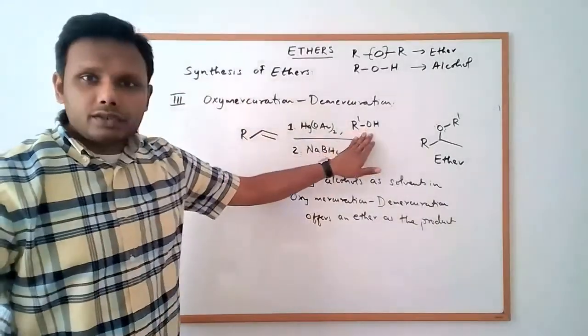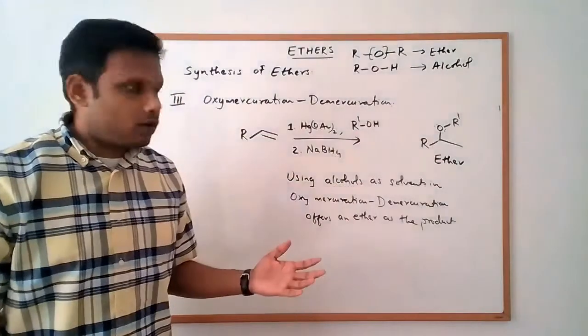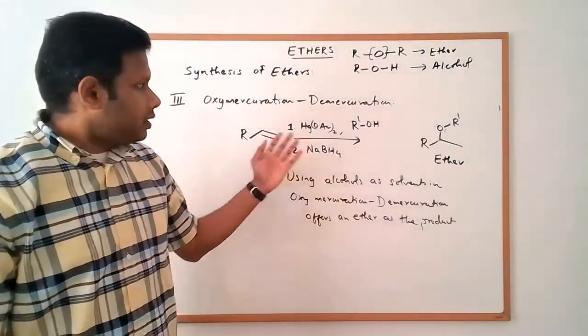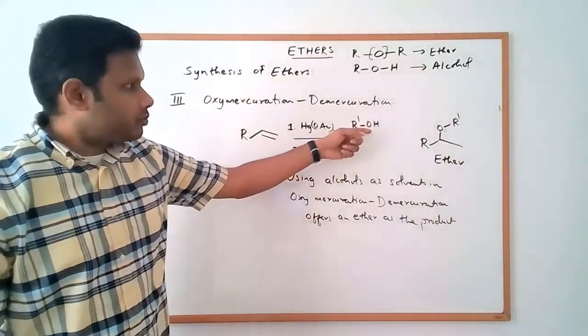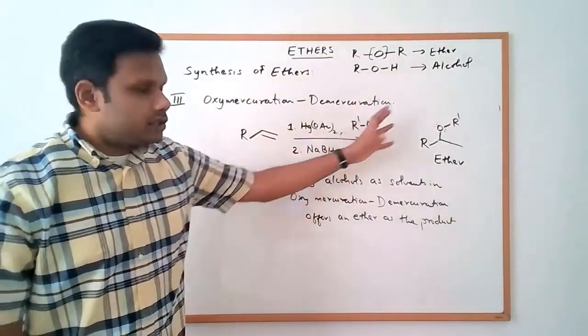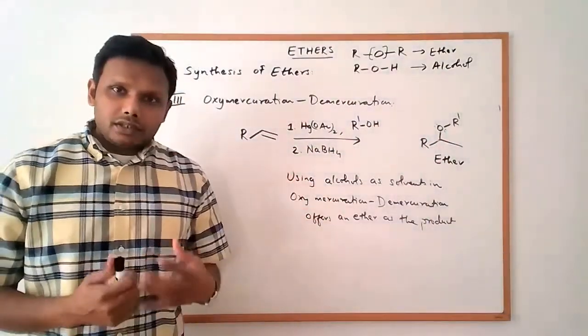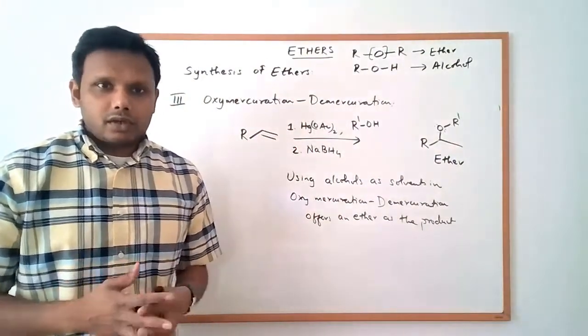If water is used as a solvent here, then the product is going to be an alcohol. The mechanism is the same. Nothing is different here, but just by changing the solvent from water to an alcohol, you can change the product to an ether. So those are all the syntheses of ethers that we are covering right now.